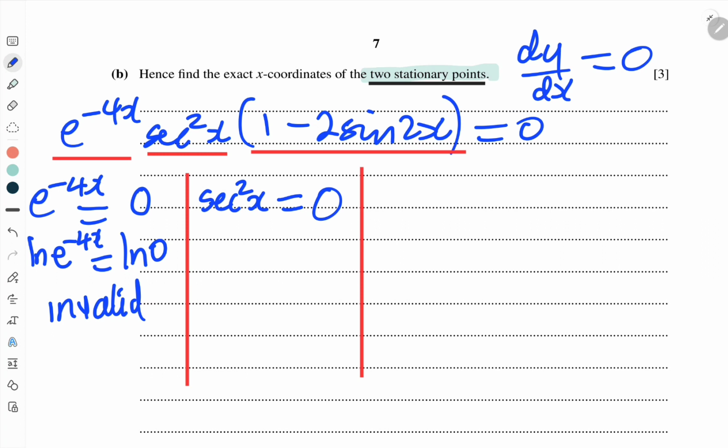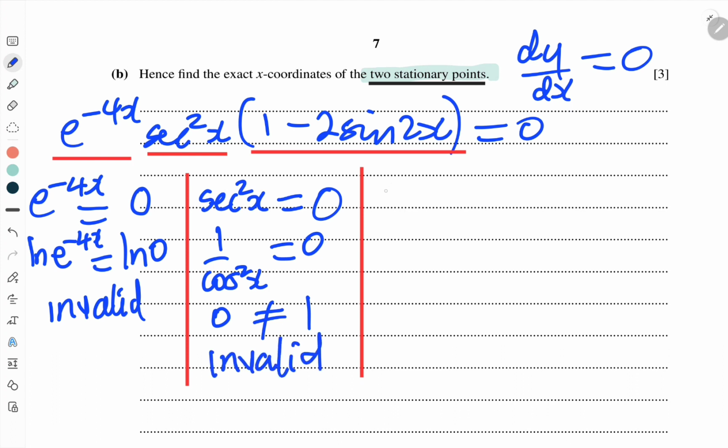What identity could we try there? We could try 1 over cos squared. This one is going to give us another invalid as well, because 1 over cos squared is equal to 0 will end up being 0 is equal to 1, of which that's false. That's another invalid result.